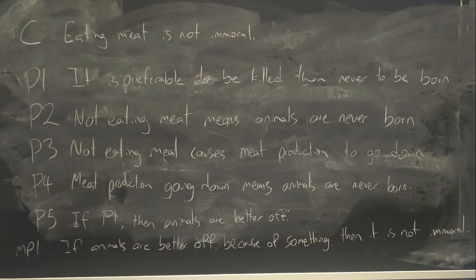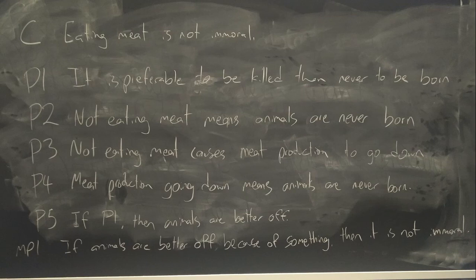So we need a kind of premise here that's either missing or implicit, that meat production going down means animals are never born. Good. Okay.